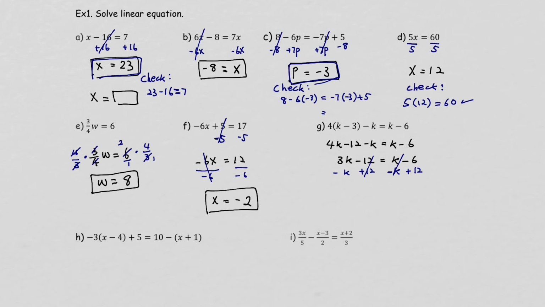So then this will give you 2k equals positive 6. And then the last thing we need to do is divide. 2 over 2 makes it 1. So k equals 3. So again, as long as you don't make any mistake in between, that should satisfy this equation right here, right?